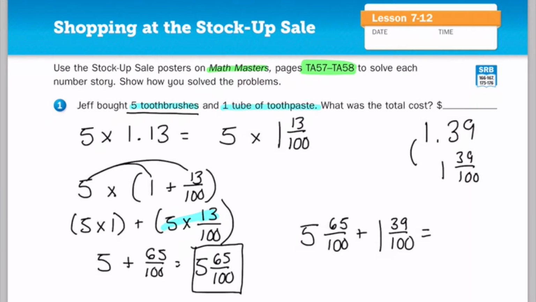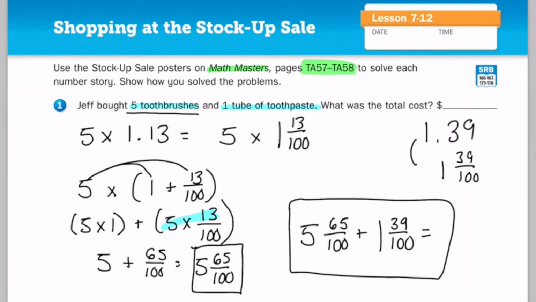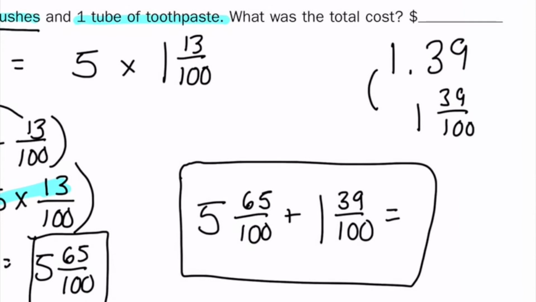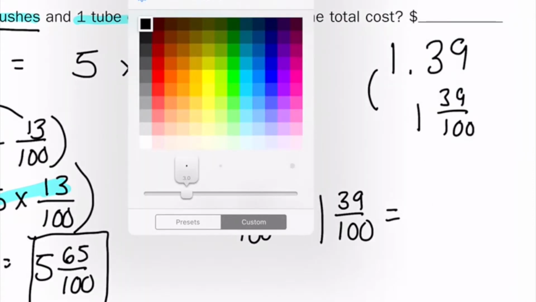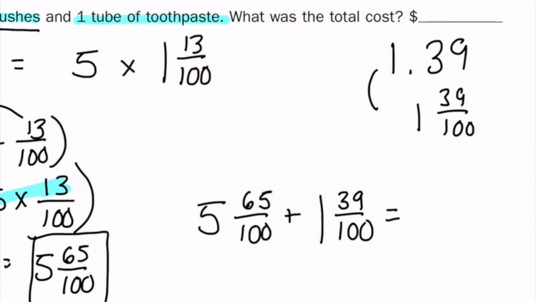So we were adding together the amount that it would cost for 5 toothbrushes at the discounted price and 1 tube of toothpaste. So when you add 5 and 65/100 and 1 and 39/100, you get 5 plus 1, which is 6, and 65 plus 39, which is 104/100. Now 104/100 is an improper fraction, so you have to change that to a mixed number.